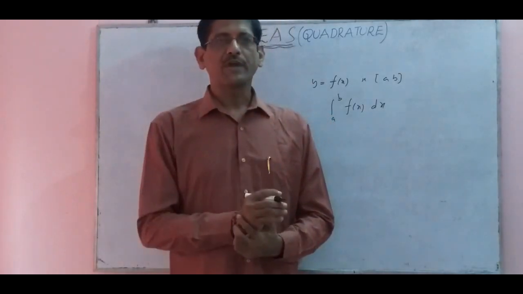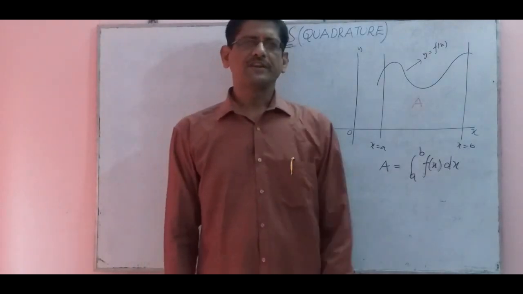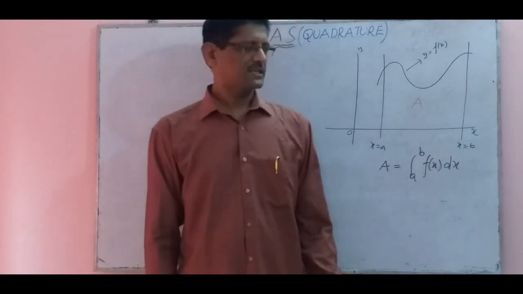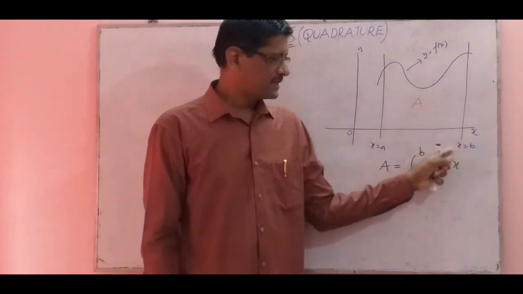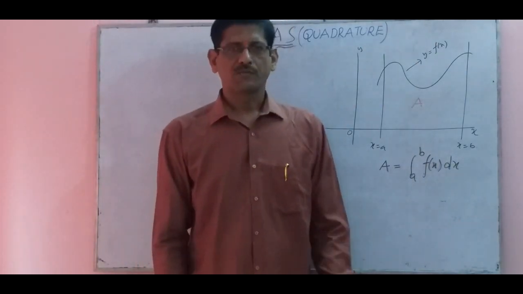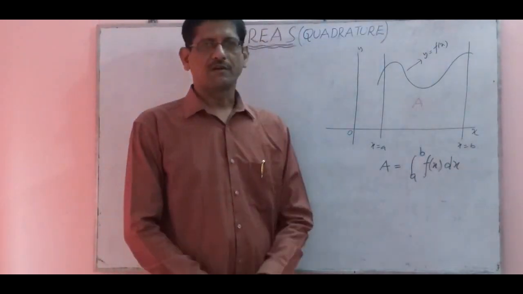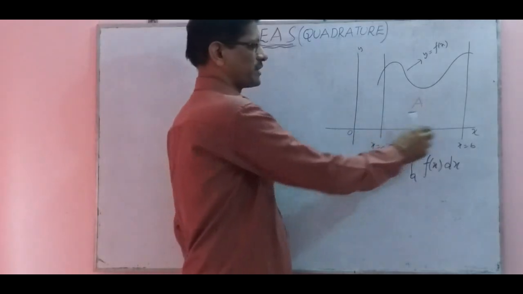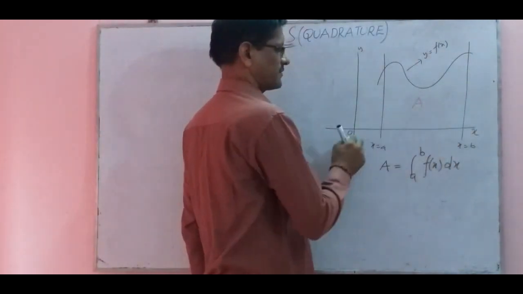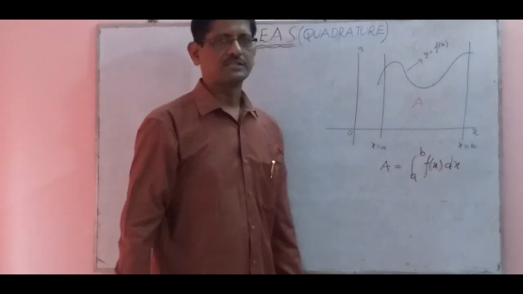Now I am going to explain with a diagram. The definite integral from a to b of f of x dx represents some area. Suppose this is a rectangular coordinate system. This is the x-axis, this is the y-axis, and the point where the x-axis and y-axis intersect is the origin.